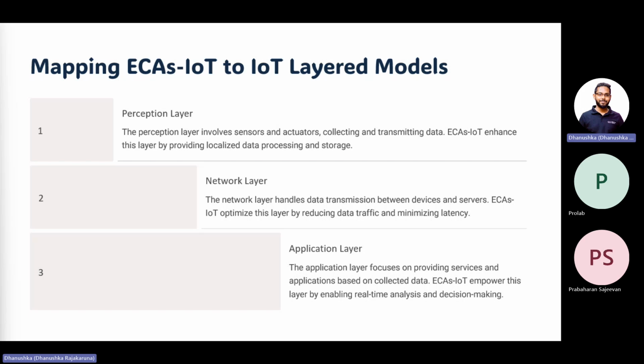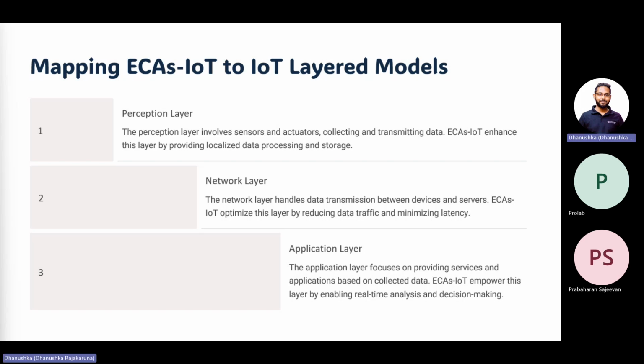In the network layer, use cases include home automation systems where a local hub manages multiple smart devices, and 5G-enabled edge nodes that reduce latency in smart city networks. In the application layer, retail IoT systems provide real-time customer recommendations, and remote healthcare devices offer diagnostics based on local processing.